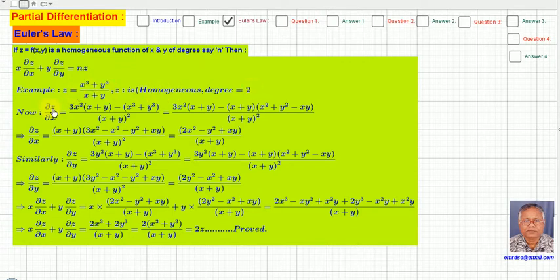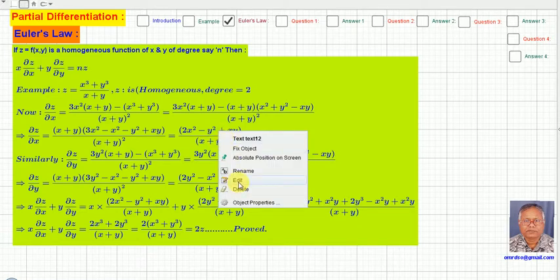So let us find out del z/del x. For the numerator, the derivative is 3x square into (x plus y) minus (x cube plus y cube), and the differentiation of the denominator is 1. When you simplify it, you will get (2x cube minus y cube plus 3x square y) upon (x plus y) whole square. I am sorry, it is a whole square.